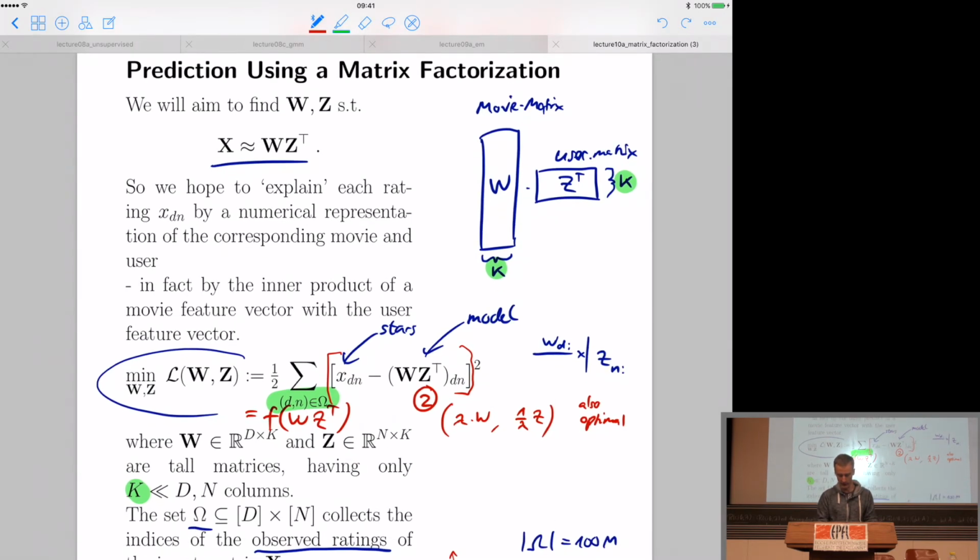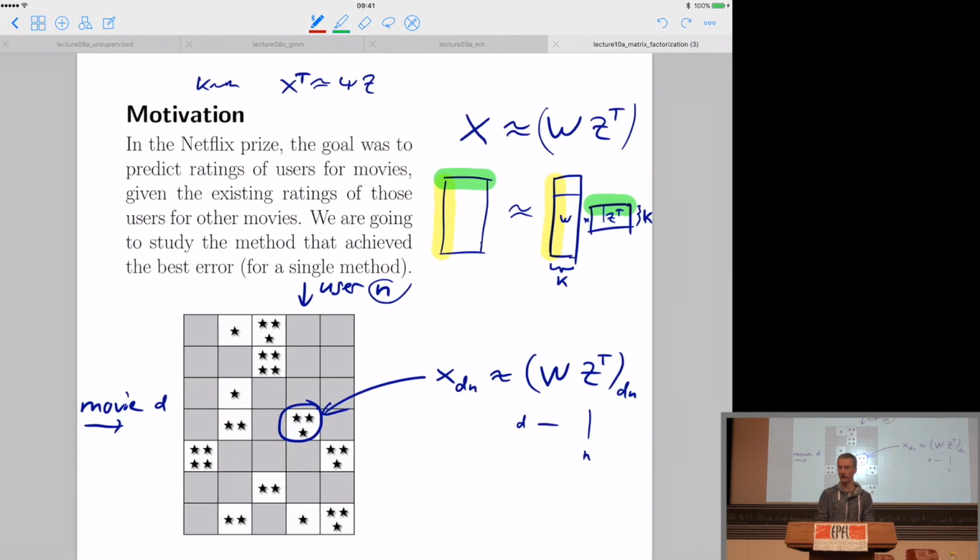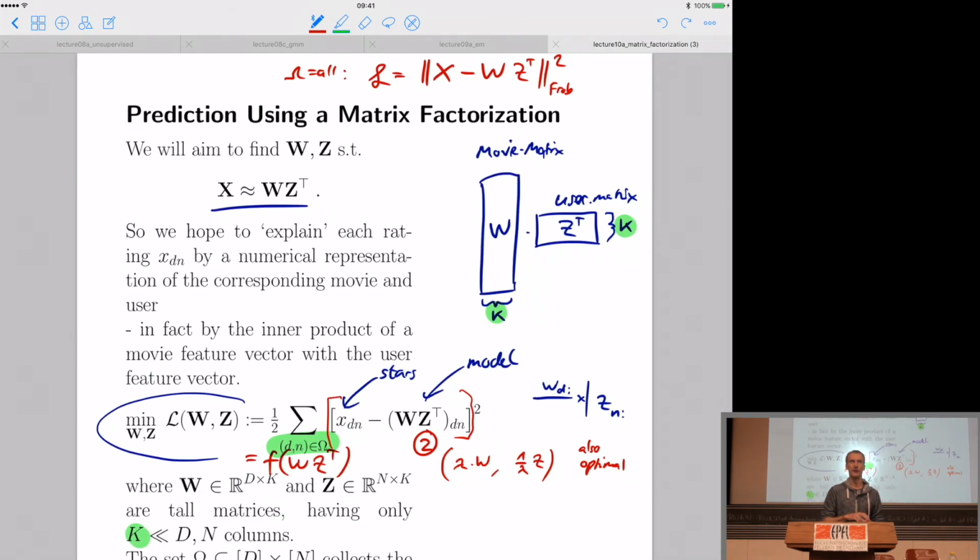However, if omega is not all the entries, which is what we actually care about, right? If we have all the movie ratings observed, then there would be nothing to do, so that's completely uninteresting here. So if the pattern of observed ratings is general, it can be worst case, then this problem suddenly becomes NP hard to optimize, which is quite surprising because it's so easy when omega is all the entries.